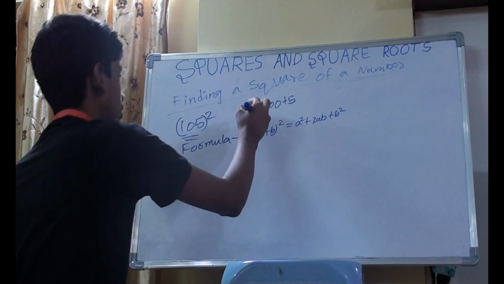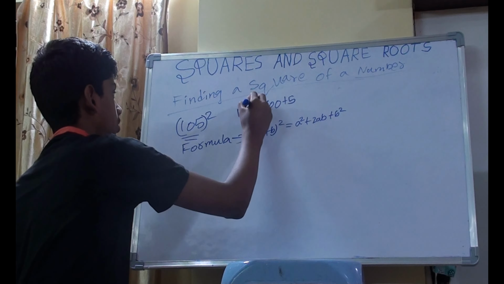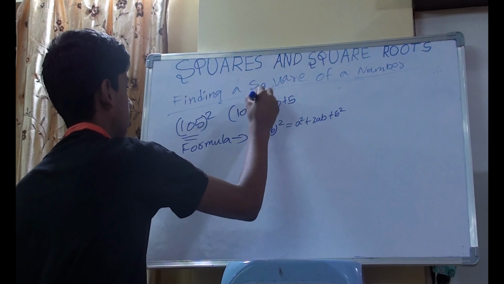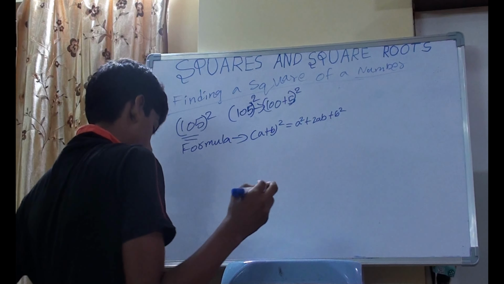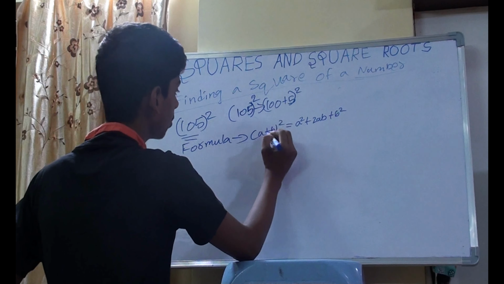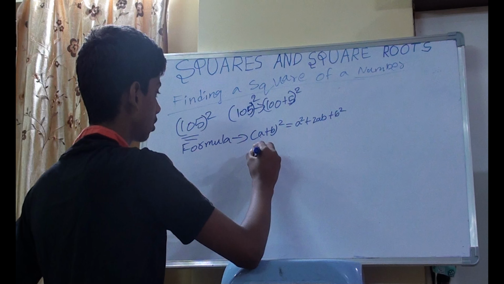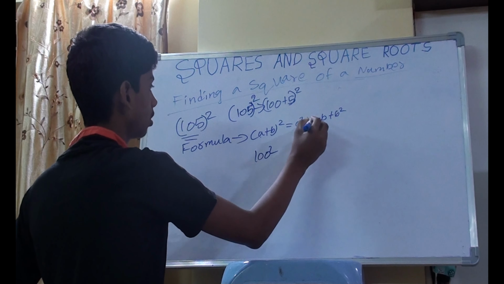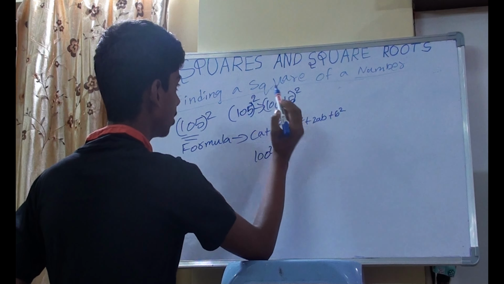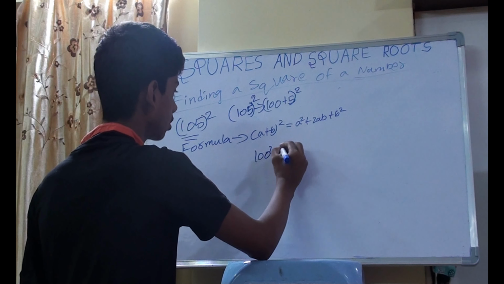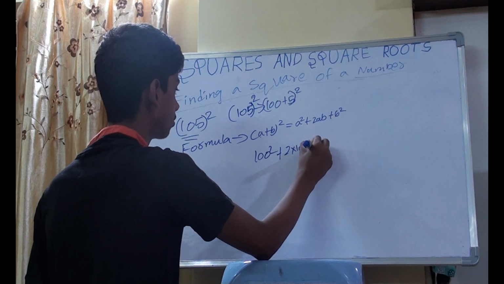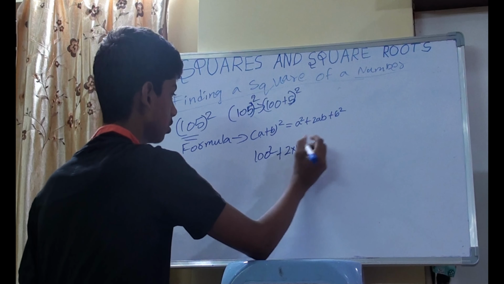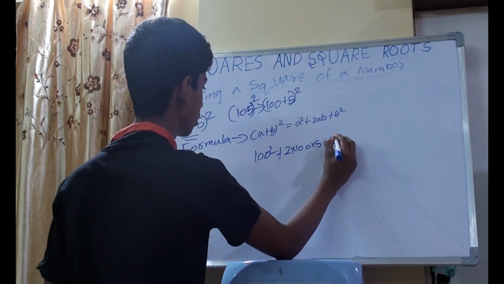So 105 whole square equals (100 + 5) whole square. In the place of a, we take 100 square, in the place of b we take 5. So plus 2 into 100 into 5, and the next is 5 square.